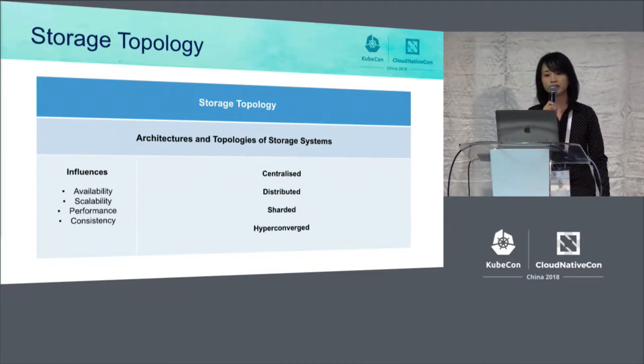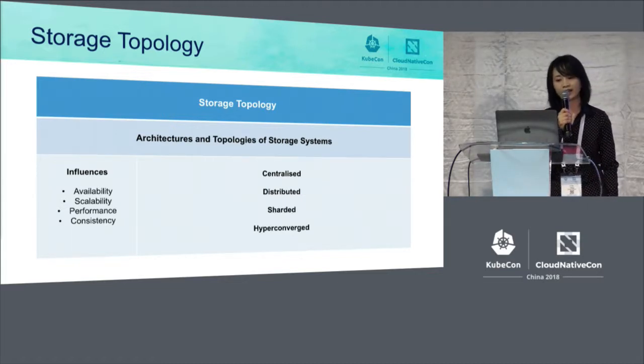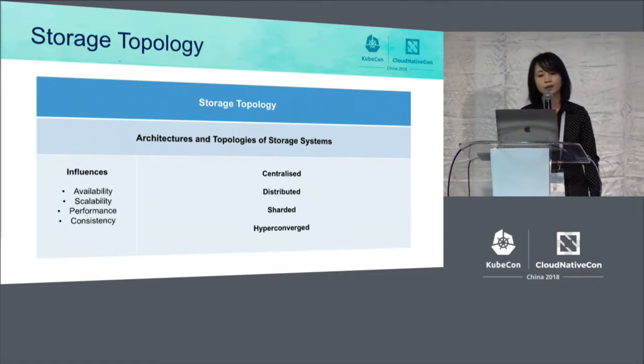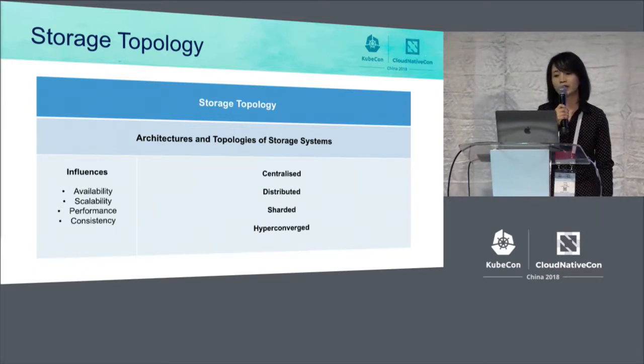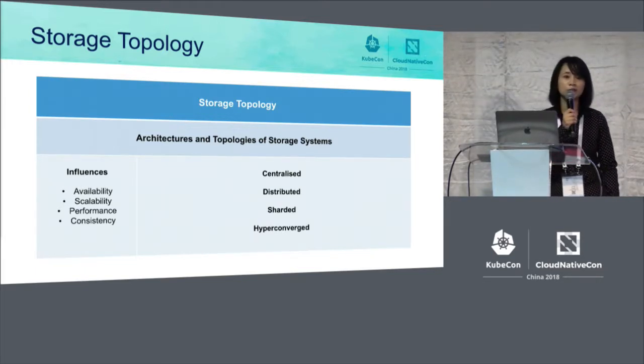And storage topology is another layer that could affect the attributes of the storage systems. So this describes the different arrangements of compute and storage, and also the data link between them.